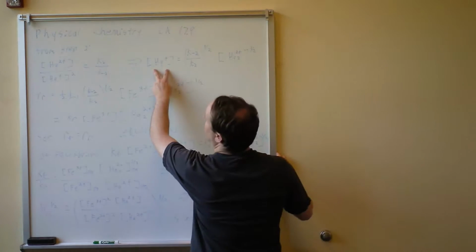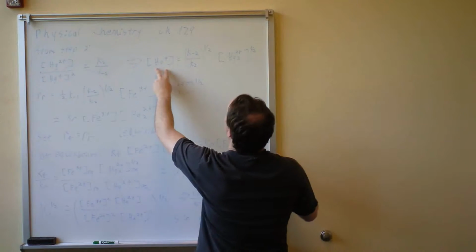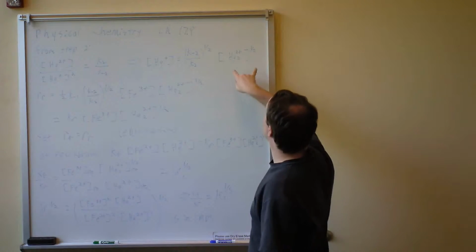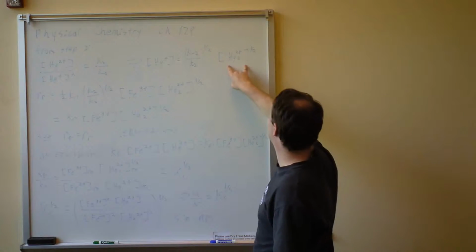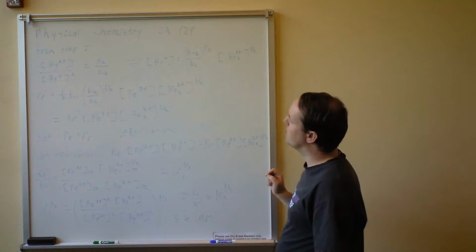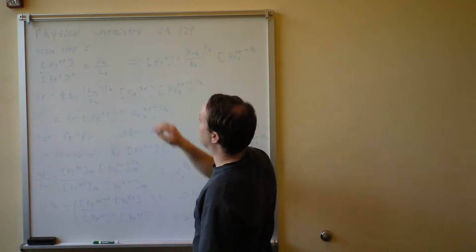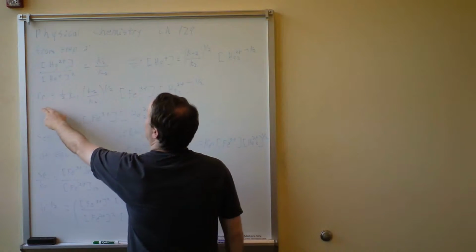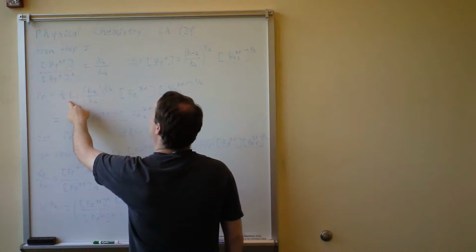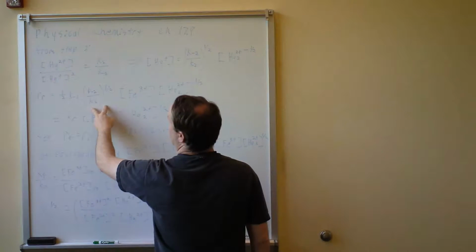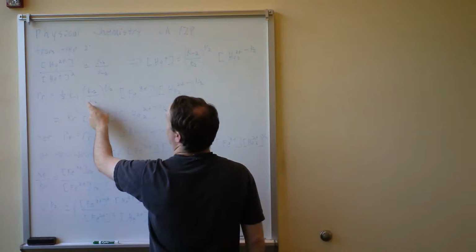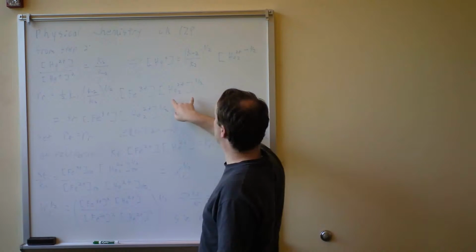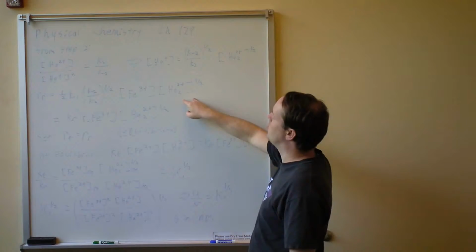So solving for the concentration of Hg+, we get the square root of those two constants times the square root of the concentration of Hg2 2+. Substituting this back into the equation we had before for the reverse reaction, we get the rate in reverse is equal to 1/2 times k minus 1 times k minus 2 over k2 to the 1/2 times the concentration of Fe3+ times the concentration of Hg2 2+, square root of that.